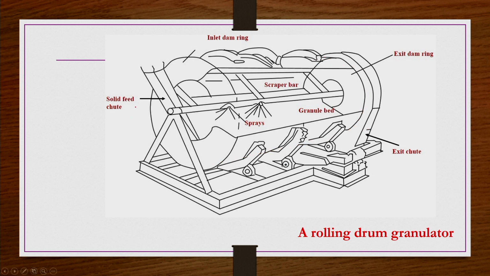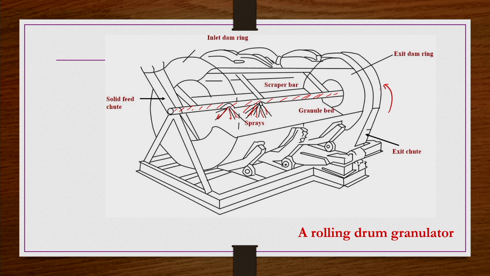The solid feed comes through the chute from here, and then there is a distributor pipe system through which the liquid, the binder which is used for agglomeration, is sprayed through these distribution pipes. When the particles come here and interact with the sprays, the drum rotates, and it can rotate in either direction.